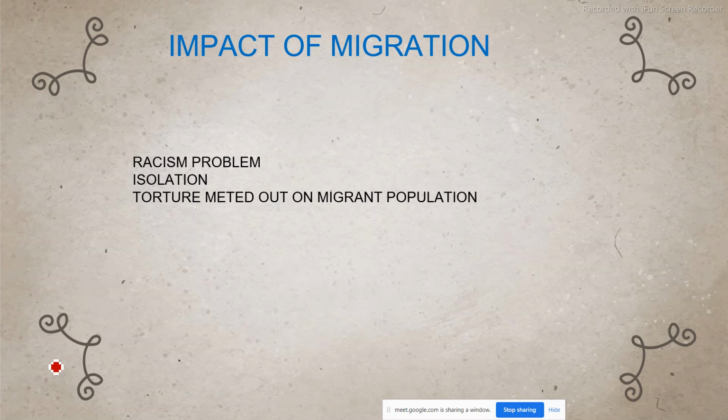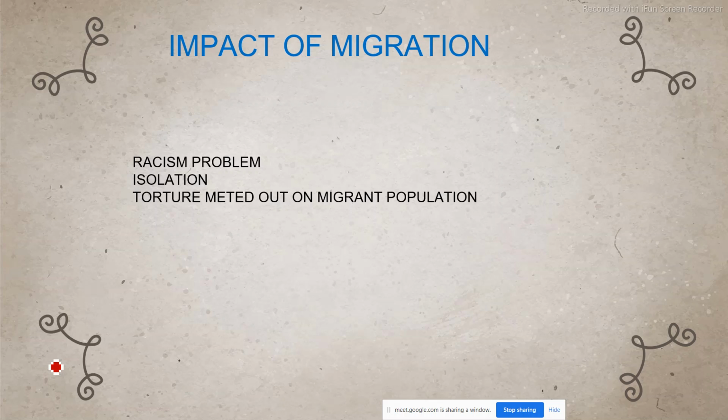Not only that, sometimes when Indians move to Australia, slowly and slowly the Indian population became strong in Australia, and they started having their own way of life, which Australians did not like, and they wanted them to behave. So that is also one of the reasons that they take the law into their hands and start torturing the migrant population.